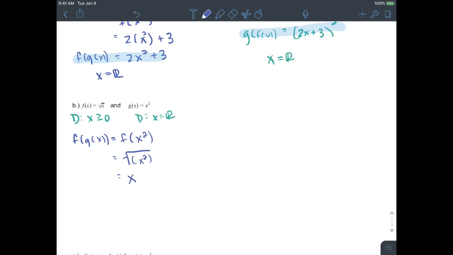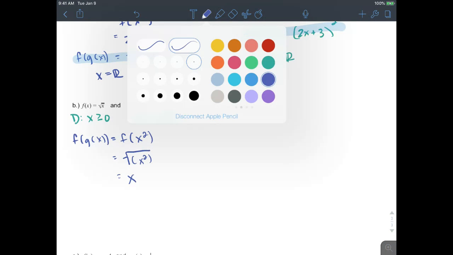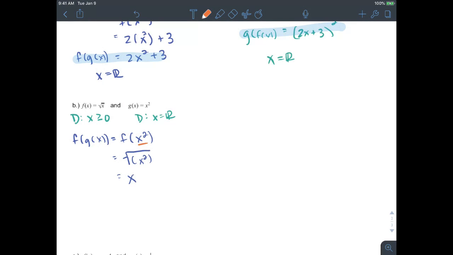Take the square root and I get x. And I'm like, okay, wait, x squared has no domain restrictions. So I can put in any number right here and it'll work, right? Okay, any number, x squared.